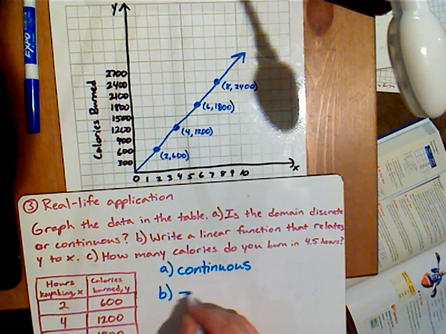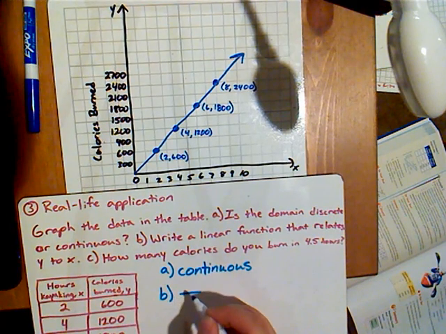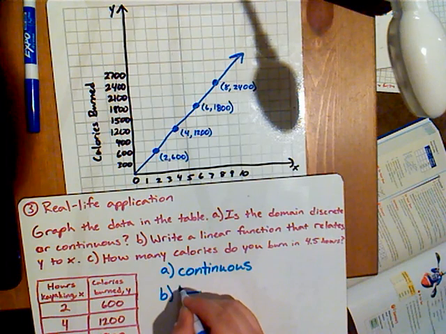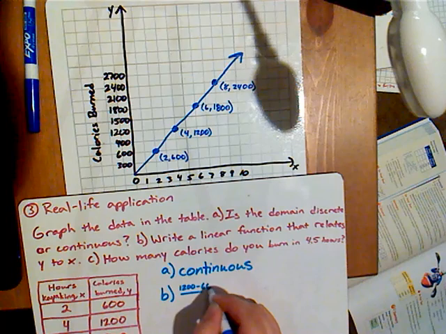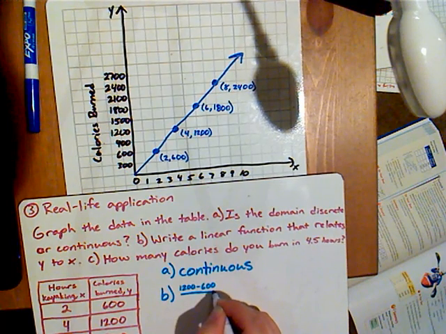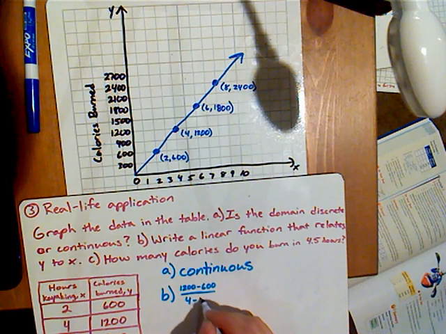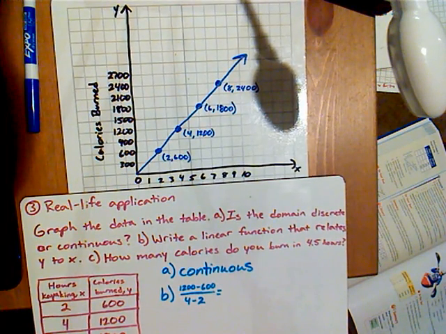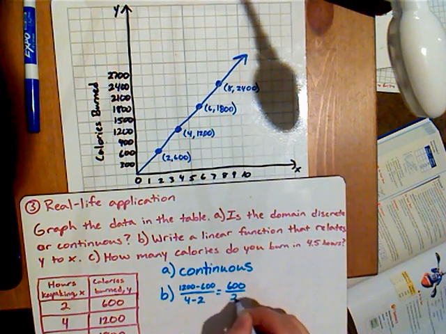So our slope is going to be our rise over run. $1,200 minus $600 over 4 minus 2, which gives us 600 over 2.